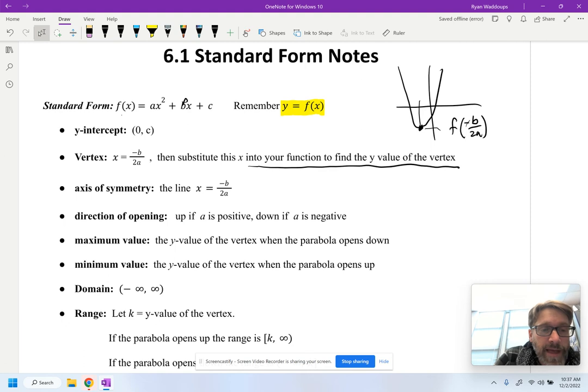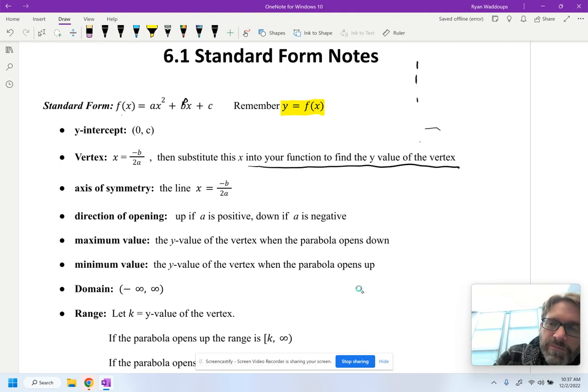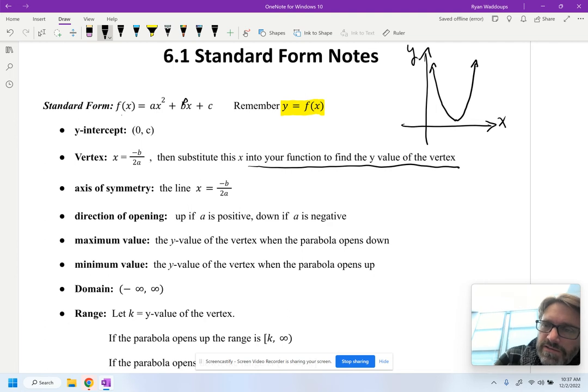The axis of symmetry is the line x equals negative b over 2a. And that would be the line of symmetry. This parabola is not very pretty. Let's make it a little nicer. So there's our x and y axes.